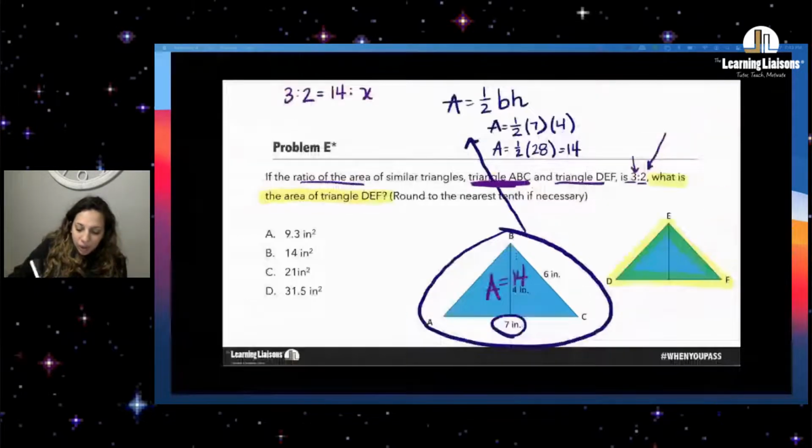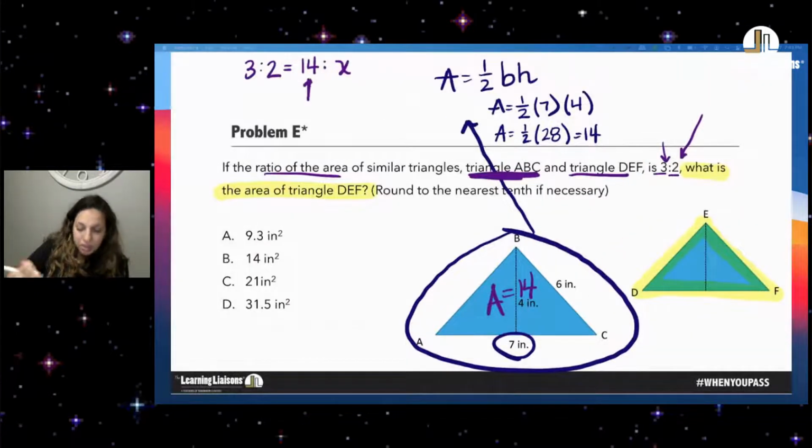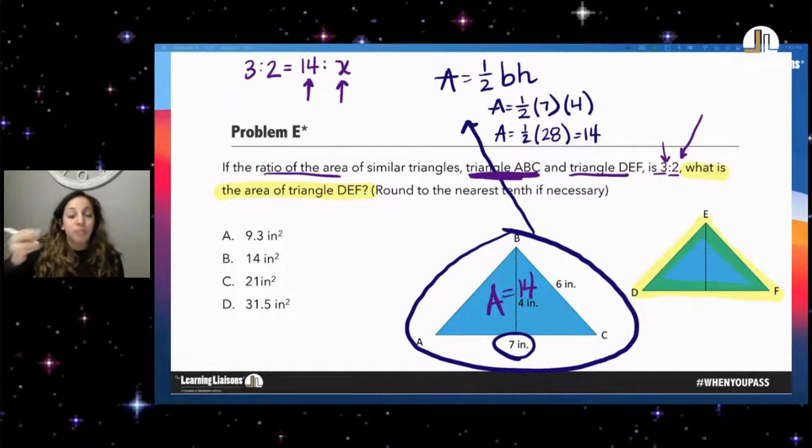Therefore, this is going to be triangle ABC, and this is going to be triangle DEF, because we have to keep everything consistent in our ratios. If this is ABC, then this is ABC. If this is DEF, then this has to be DEF.